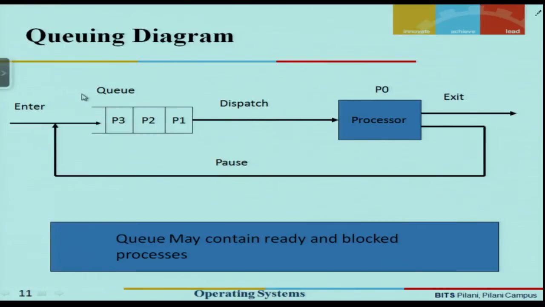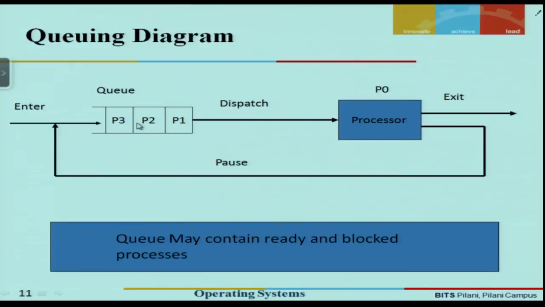This particular diagram shows that we have a process P0 running on a processor, and we have processes P1, P2, P3. They are there in memory and in the queue, waiting for their turn to be dispatched. At some point of time these processes are going to get dispatched to the processor, and after executing on the processor, either it can exit or it can return back and join the queue once again.